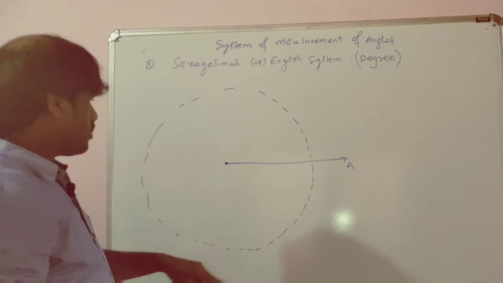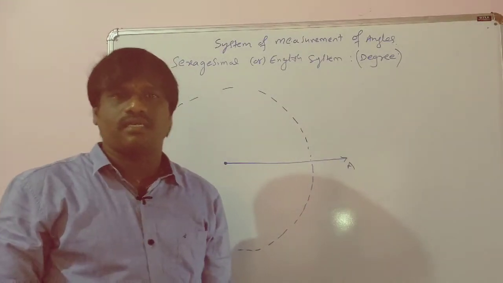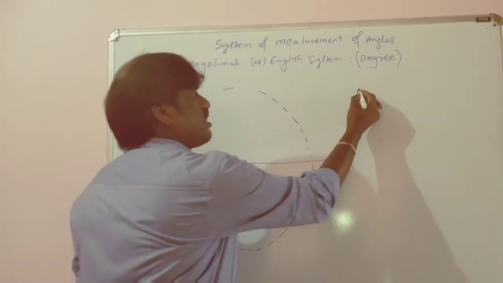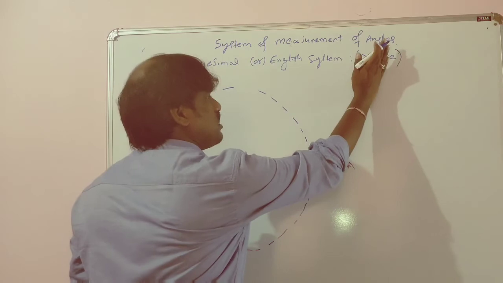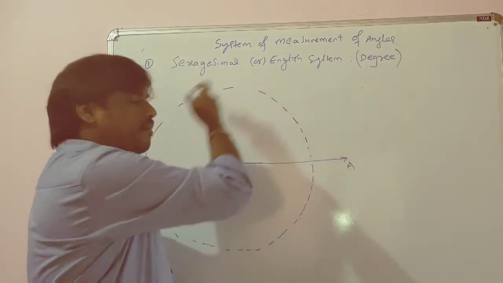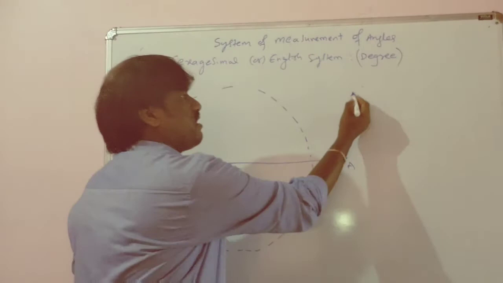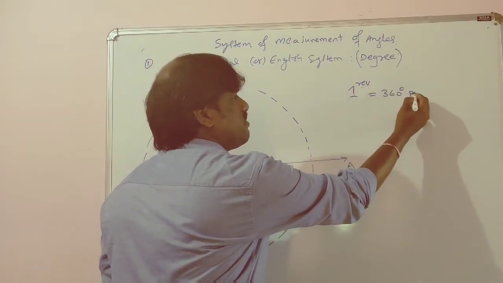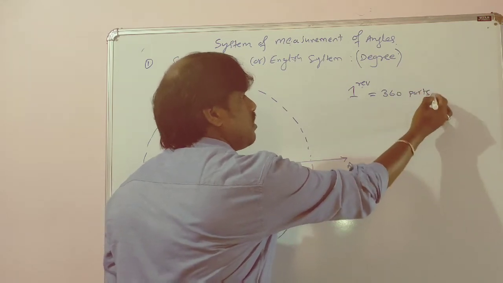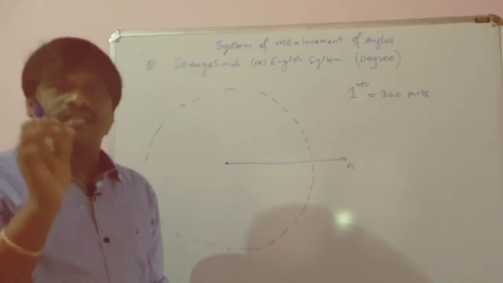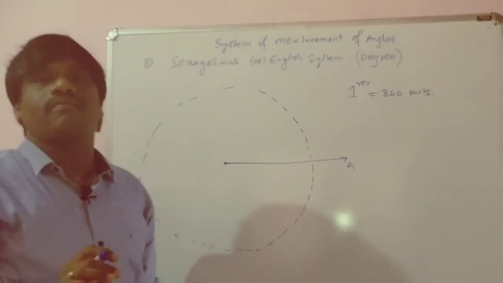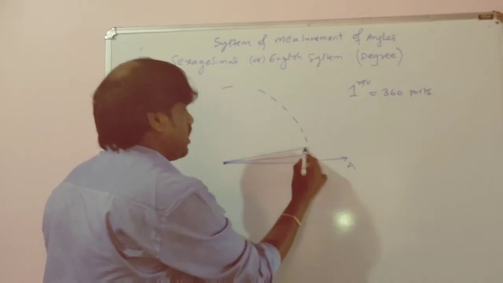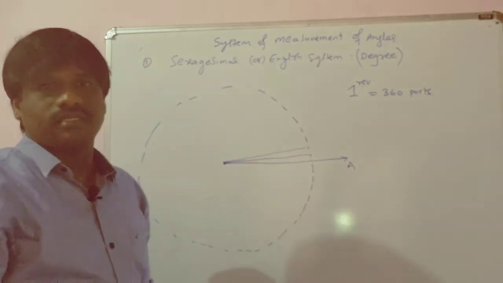This one complete revolution is divided into 360 parts. One revolution is divided into 360 equal parts.